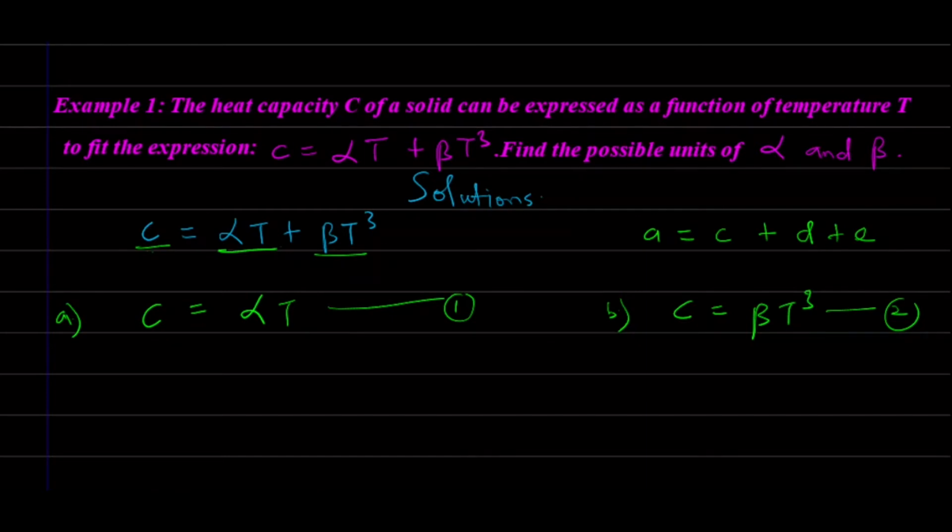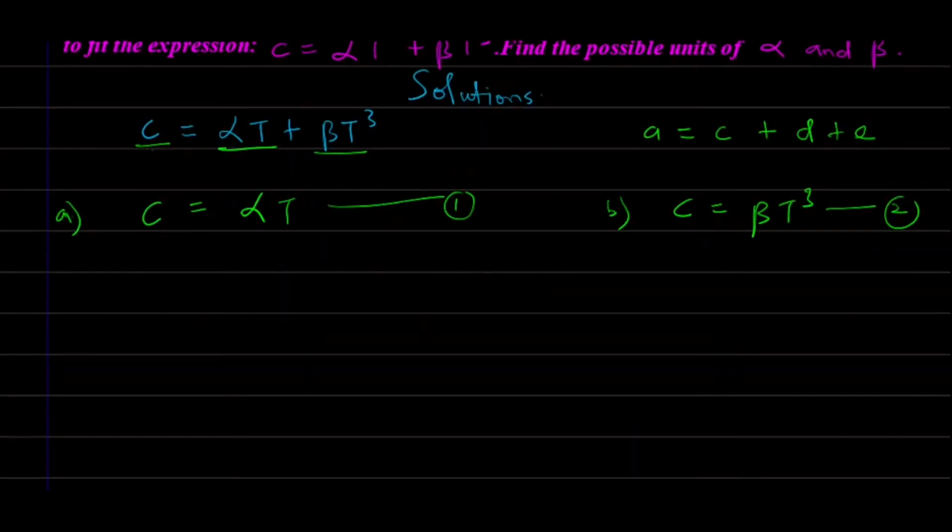Starting by looking at this, let's get the unit of C and the unit of temperature. C is known as heat capacity, and we have defined heat capacity as the quantity of heat energy per unit temperature. If that be the case, let's get the unit.